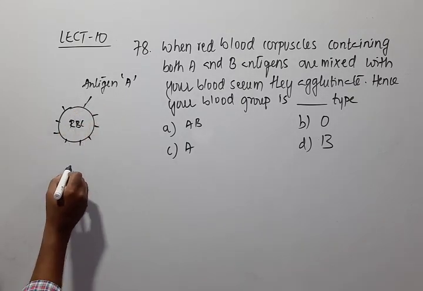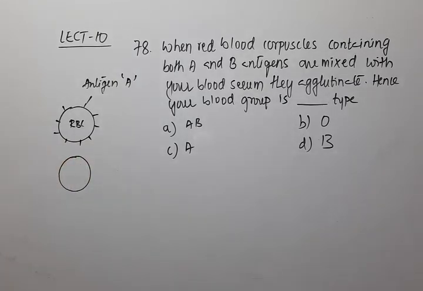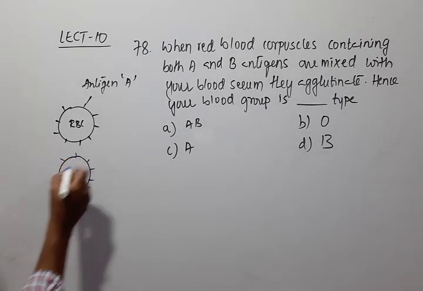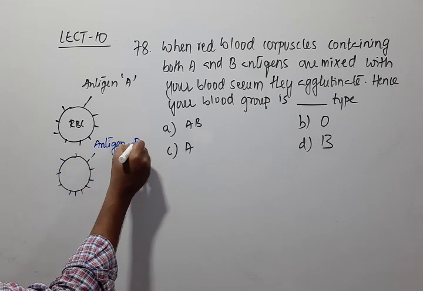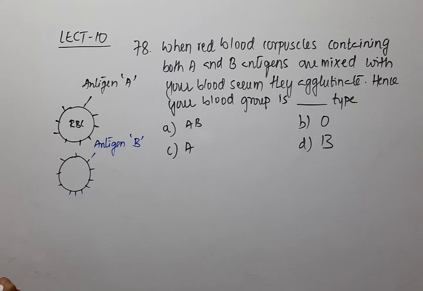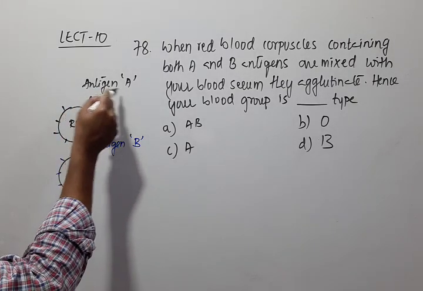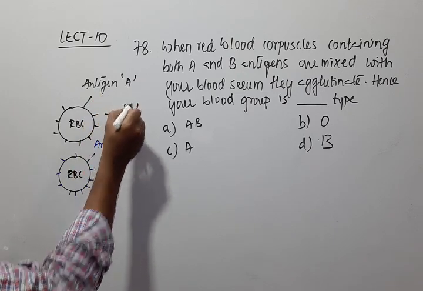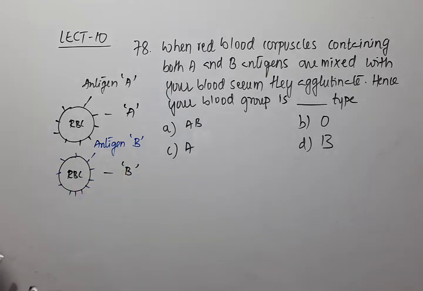So this is A blood group, and in this case I'll take antigen B on the RBC. If antigen A is present, then this is A blood group. If antigen B is present, this is B blood group.